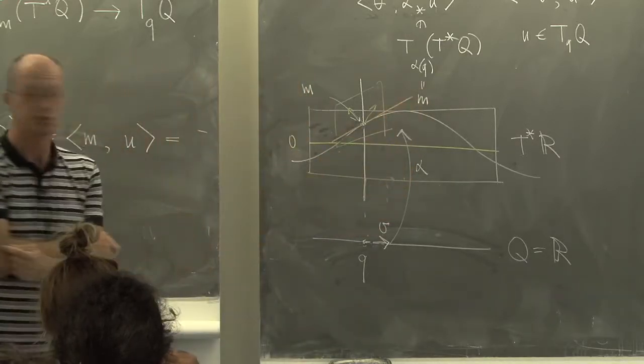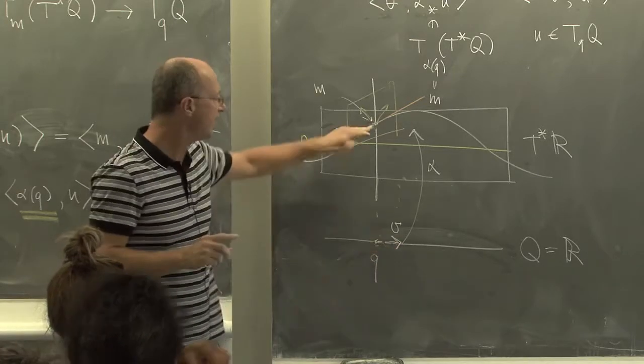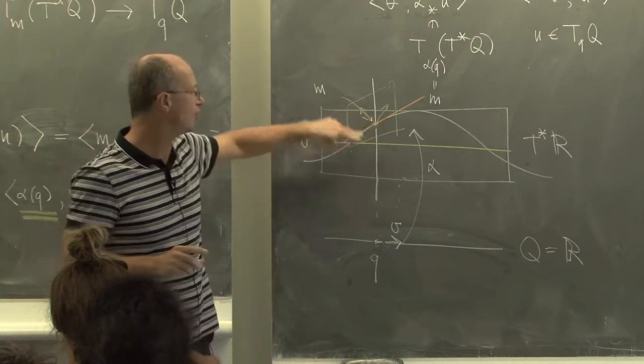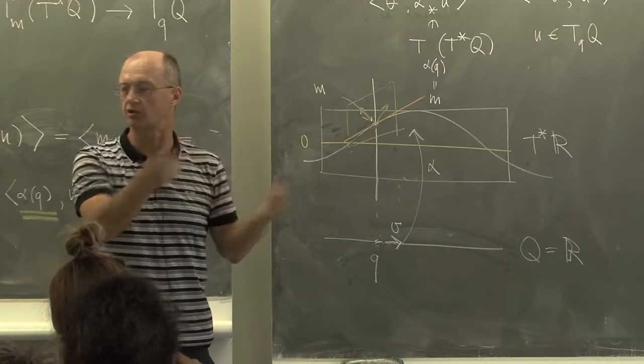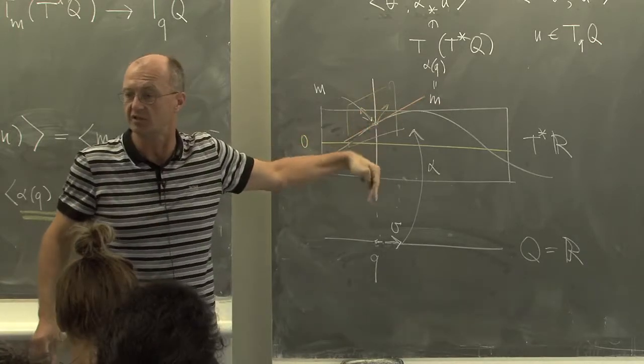Right. So now, suppose I am free in choosing my tangent vector and the section. So what kind of vectors do I get in total? So here I got a line, right? If I choose another alpha, I will get another line.